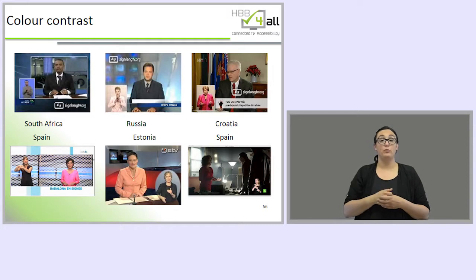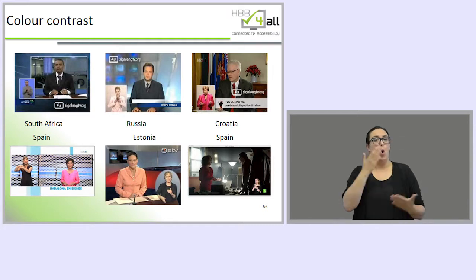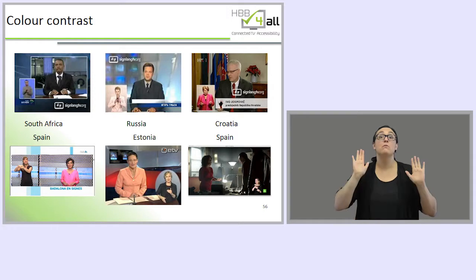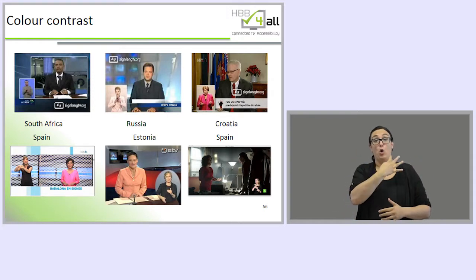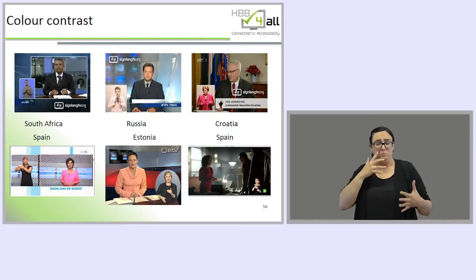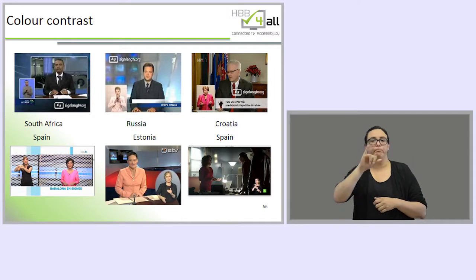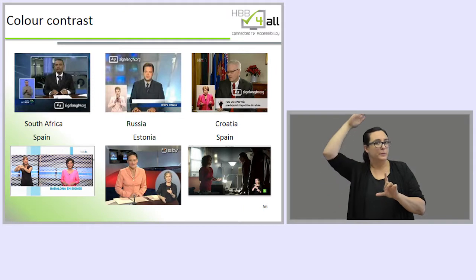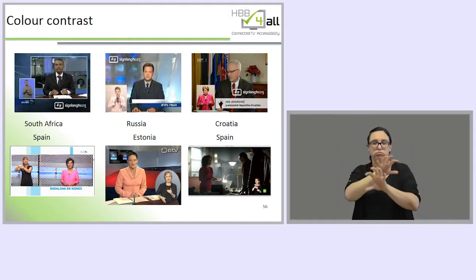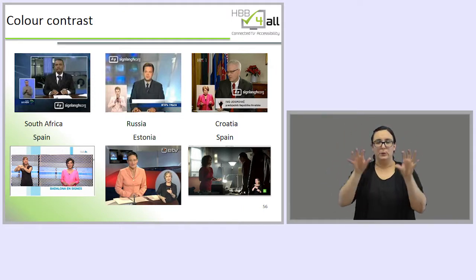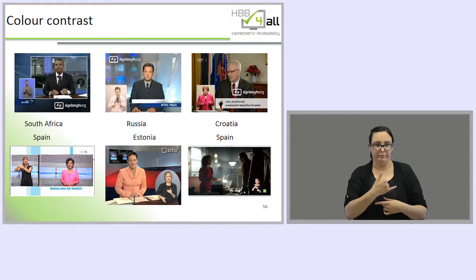In the Croatian and Spanish examples, we do have color contrast, but, for example, in the Croatian example, the too bright color of the clothes of the signer can produce eye fatigue if the video is long enough. And the same could be said about the Spanish example, where the background color, which is patterned and has different colors, could produce eye fatigue too.